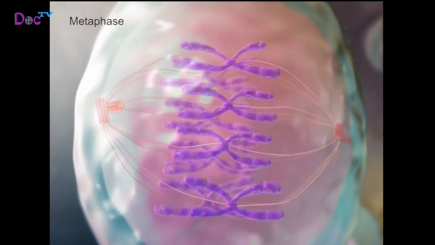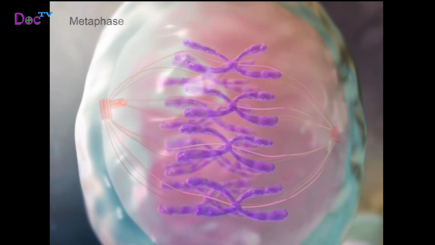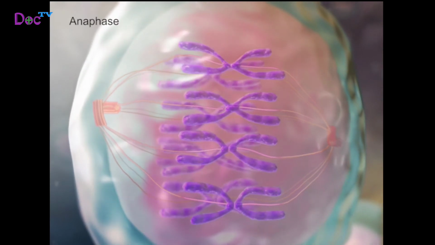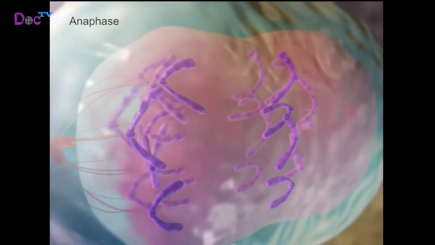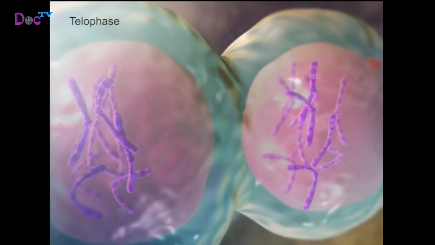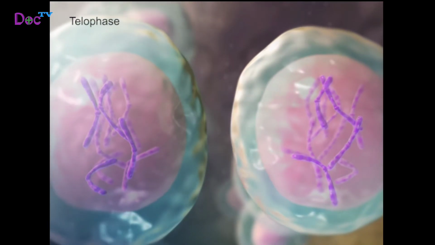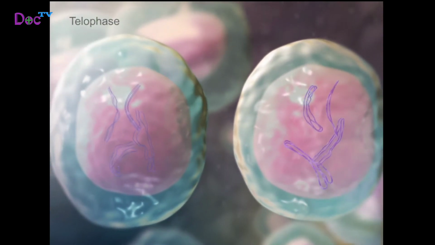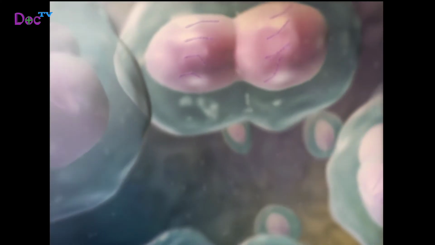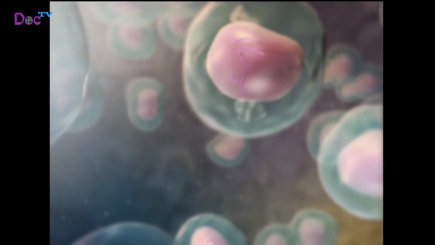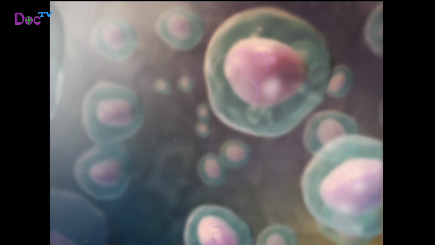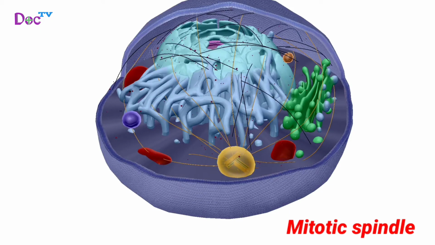The chromatids are then pulled apart, creating two identical sets of chromosomes. A nuclear membrane forms around each of the two identical sets of chromosomes, and eventually the cell cleaves in two, with each daughter cell containing one of the two nuclei. The process through which a cell divides the genetic information within its nucleus into two identical copies within independent nuclei is called mitosis.